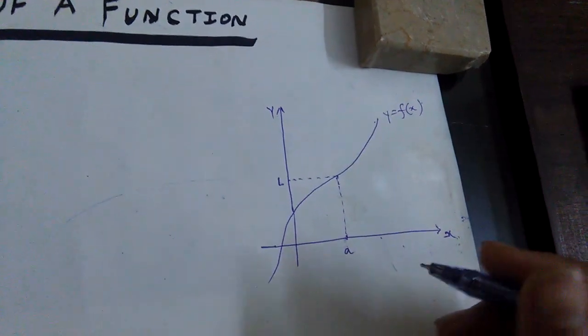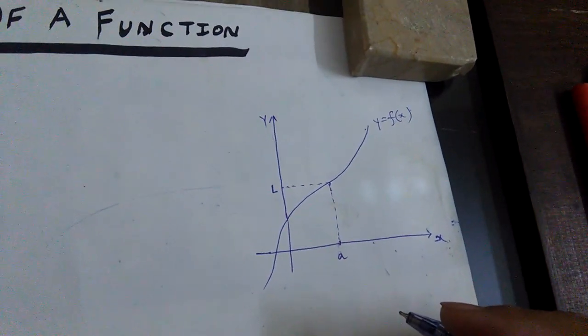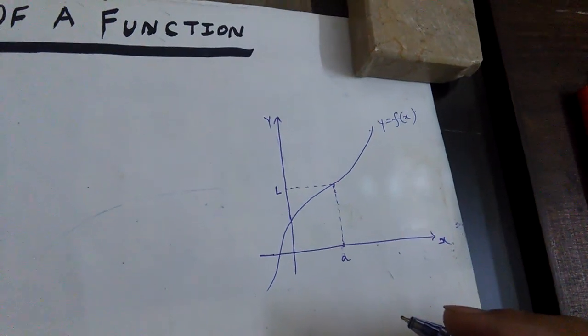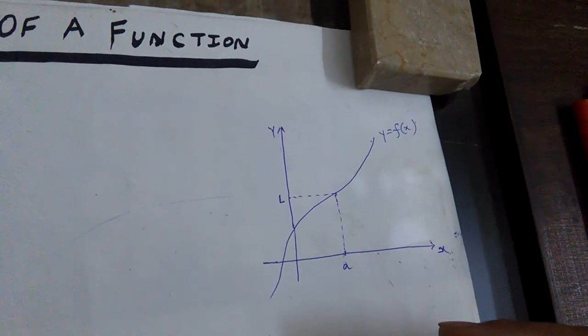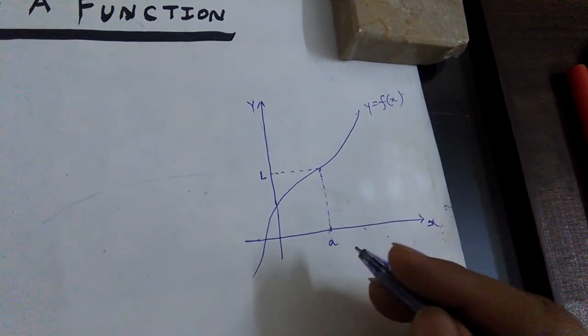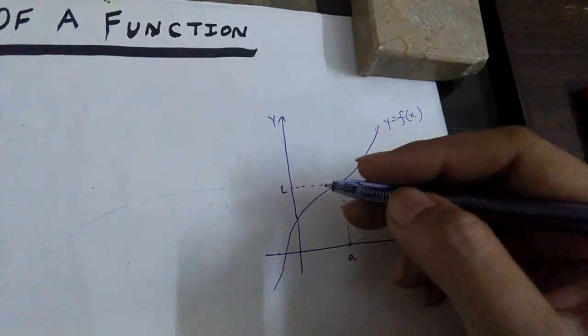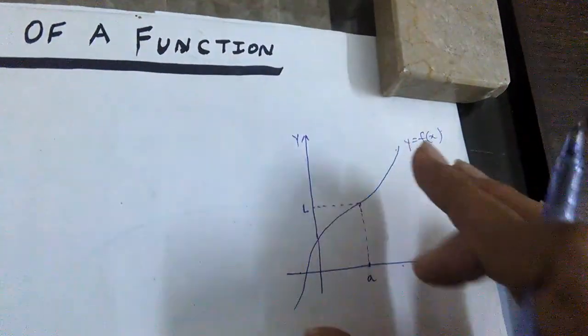So for that purpose, definitely we have to assign some boundaries for the x and for the y values, right? We need to assign some interval where x values are going to fluctuate and where y values are going to fluctuate in order to satisfy the limit of a function definition.